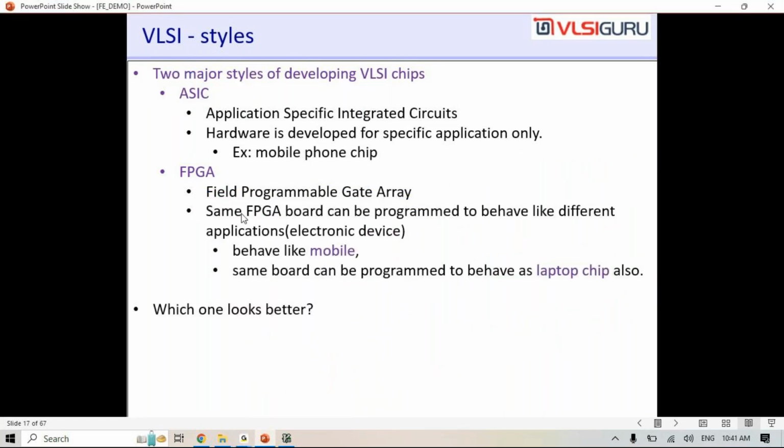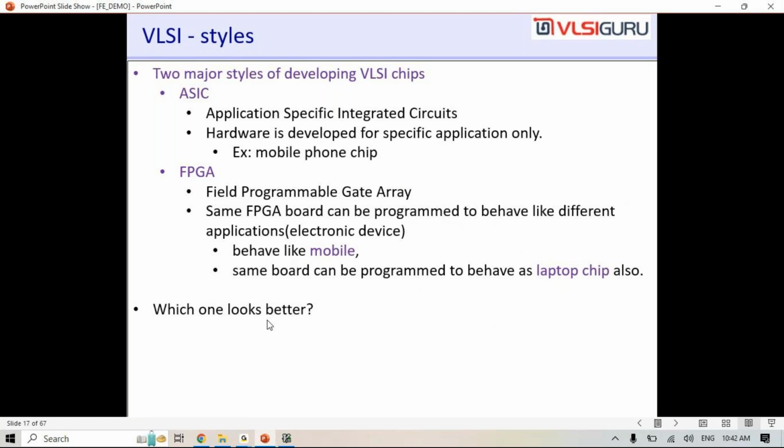So in FPGA, the same FPGA board can be programmed to behave like different applications. The same FPGA board can behave like a mobile phone. The same board can be programmed like a laptop chip. Tell me which one looks better initially to start with. Forget whatever I said earlier.